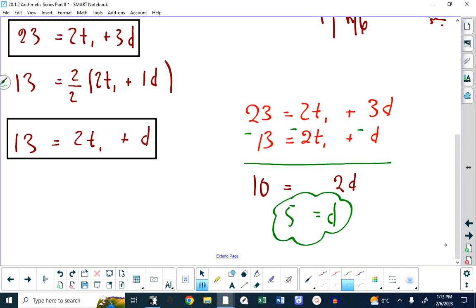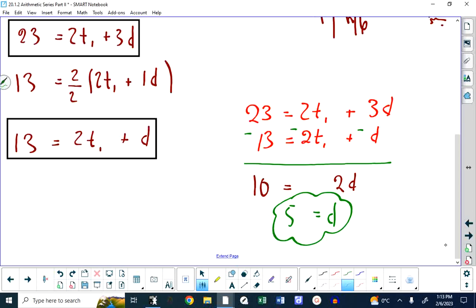We've almost cracked the case wide open. We know the common difference. But I still need to know the first term. Anybody, how can I find the first term now at this point in time? Yeah, you finish it off. Sure, it's just algebra. Put it back into one of the formulas. It doesn't matter which one.